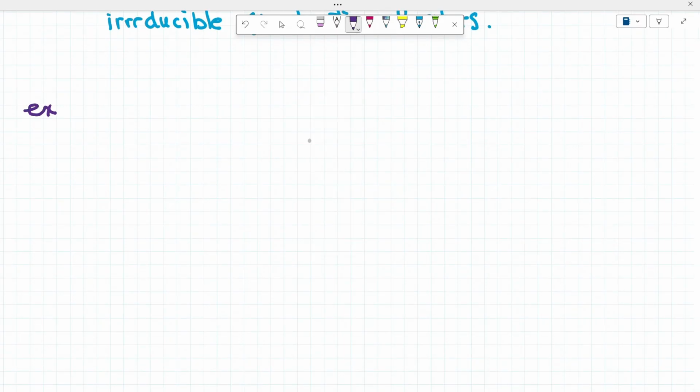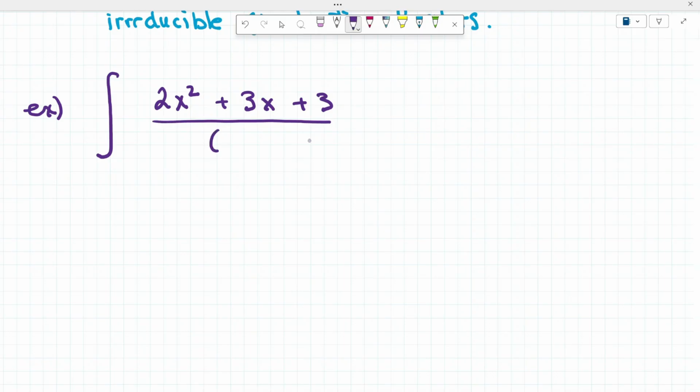So for example, let's consider some integral of our rational function. In this case, our rational function is 2x squared plus 3x plus 3, divided by (x plus 1) all cubed, and we're integrating this with respect to x.